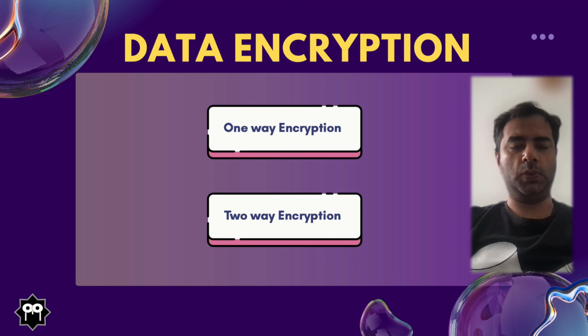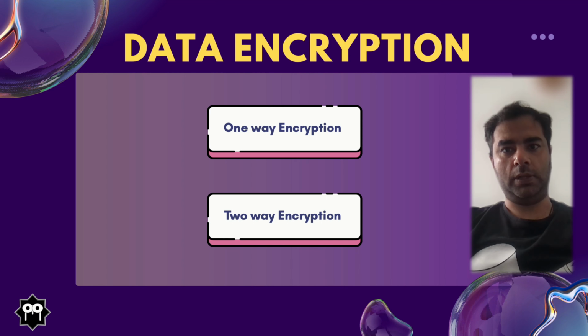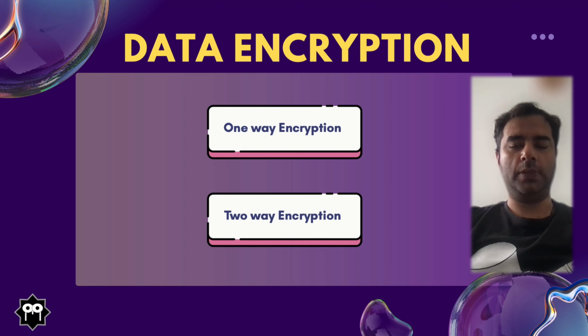For example, passwords. There's no need to know what the real password is. So you do a one-way encryption and store it in your DB. The next time the customer comes in, you follow the same algorithm to create an encryption of the password and match it with the already encrypted password. If they match, you can go ahead.